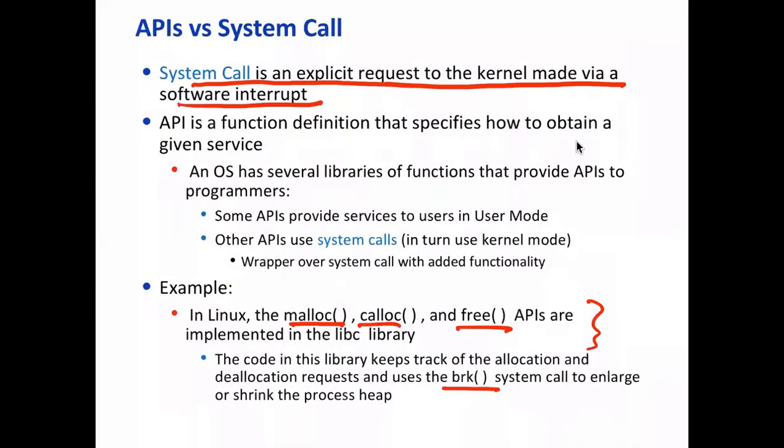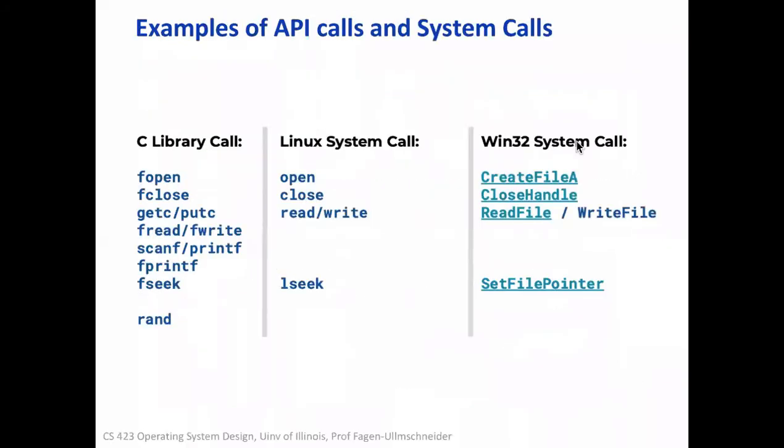This is an example: if this is a C library call like fopen, then when this function is implemented in the library routine, it uses the open system call in Linux, while when implemented over Windows, it will use the system call called CreateFileA, and so on.